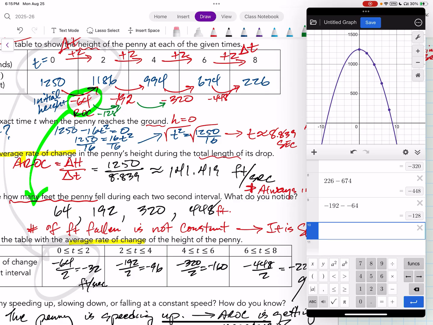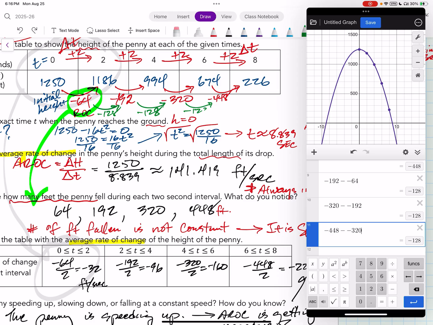So let's figure that out. Negative 320 minus a negative 192, negative 128 again. Is the rate of change of the rate of change in a quadratic function always constant? I don't know. Let's figure it out one more time. Negative 448 minus a negative 320. Holy cow, look at this.